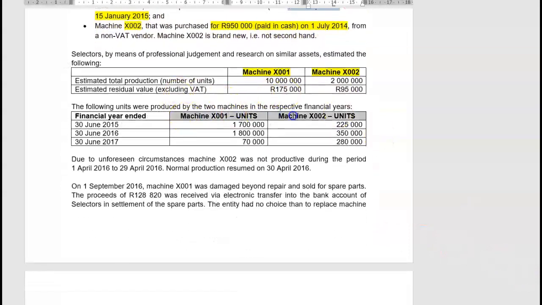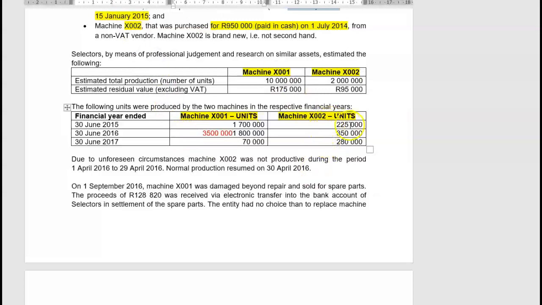Now, machine X001, X002, the number of units, and here we have 1.7 million for X001 in 2015, and in 2016, 1.8 million. So if we add the two together up to the beginning of the current financial year, it equals 3.5 million units.